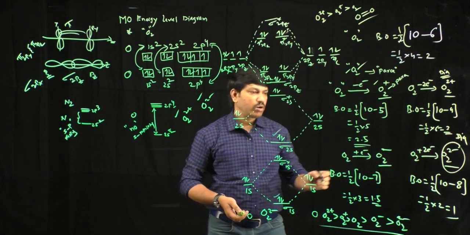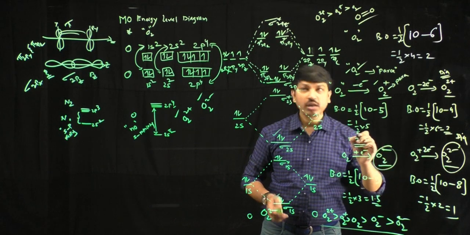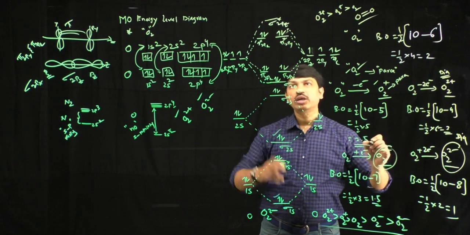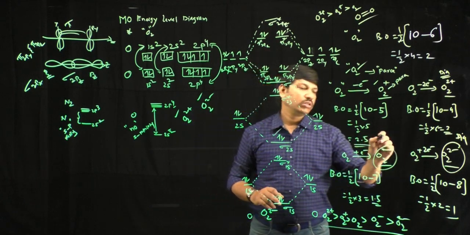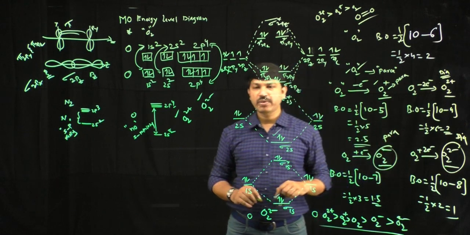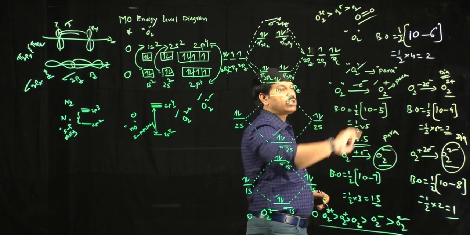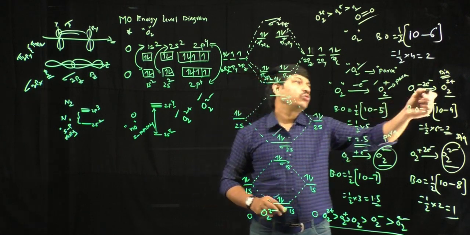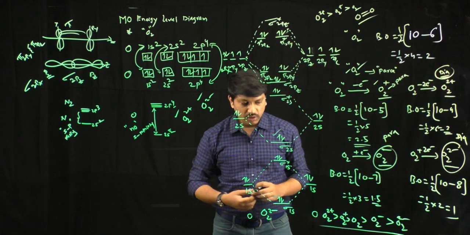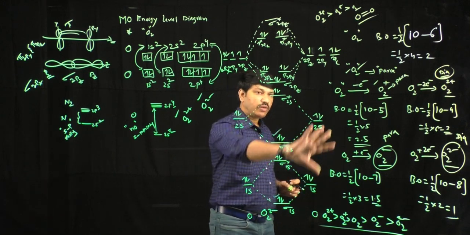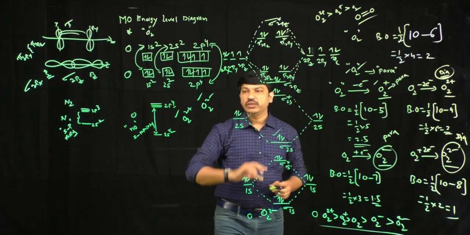What about the O2 minus species? It still has one unpaired electron, even though we add one electron. So these are paramagnetic in nature. The O2 molecule is paramagnetic, O2 plus is also paramagnetic, and O2 2 plus is again diamagnetic in nature. So like that we can explain the formation of various species in this manner.